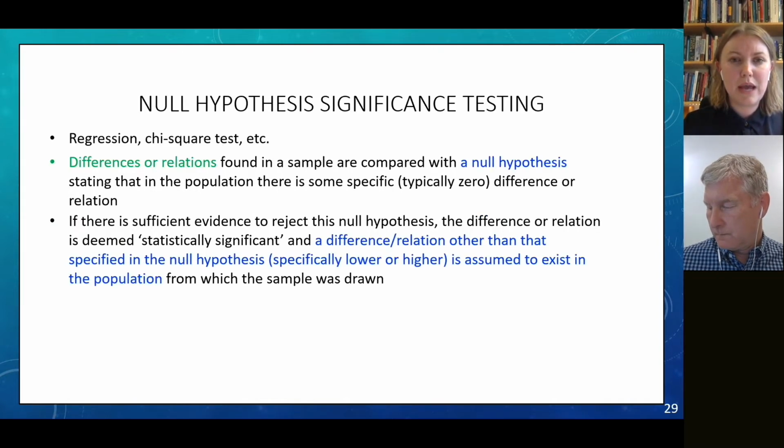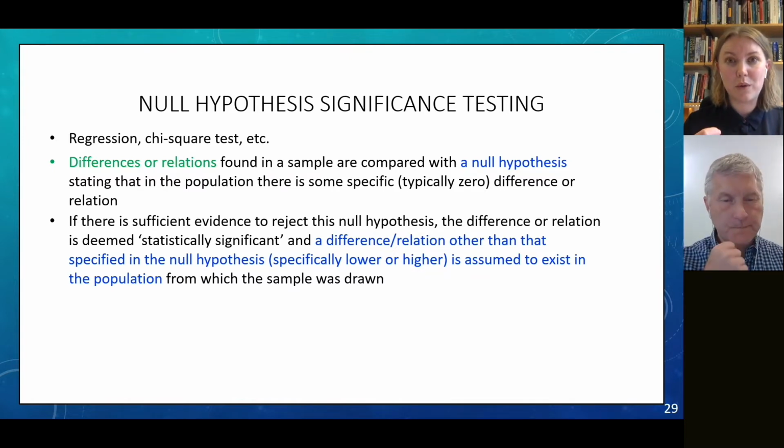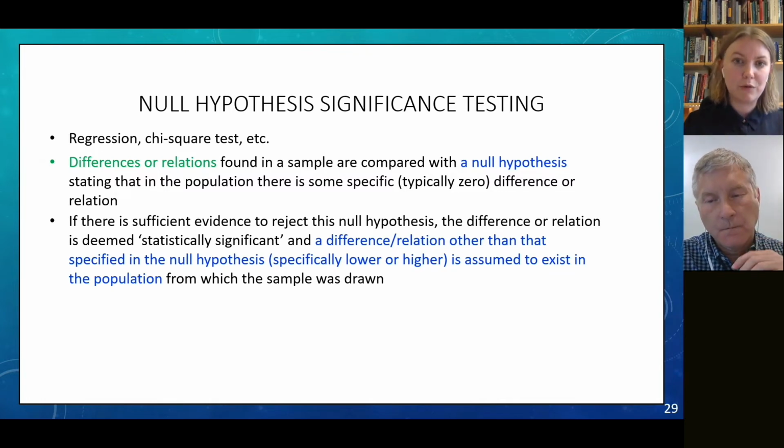So in the NHST, the null hypothesis significance testing framework, we find things like regression, chi-square, t-tests, and so on. And here, differences or relations found in a sample are compared with this null hypothesis, stating that in the population there's some, typically 0, difference or relation.